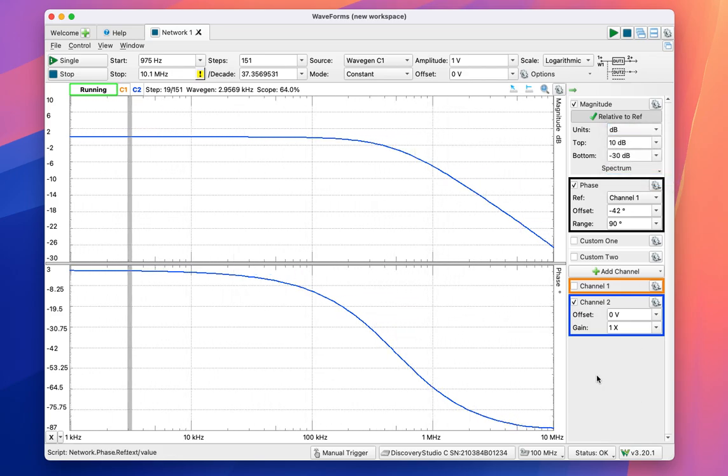I encourage you to build your own circuits, look at this network analyzer, and see in real time what is happening in terms of Bode plots, magnitude and phase. They're always very, very important. Compare these experimental results with your simulated and your hand calculations, and you should be very, very close. I hope this is helpful.